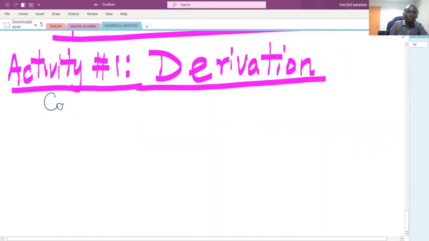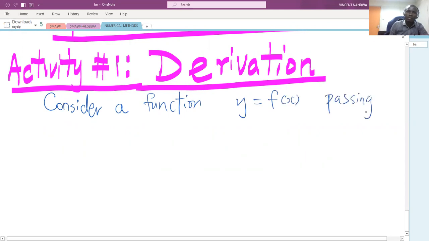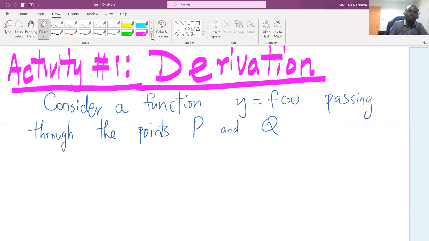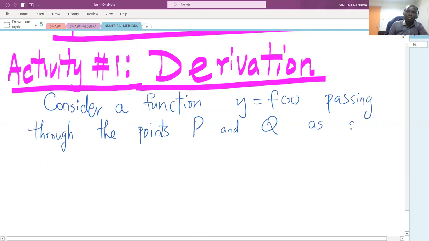So consider a function y equals f of x passing through the points P and Q, as shown below.